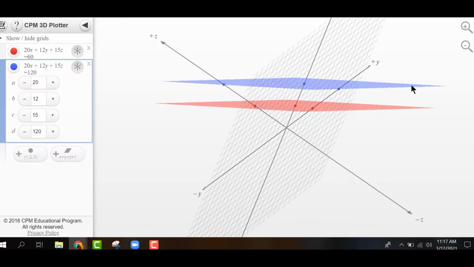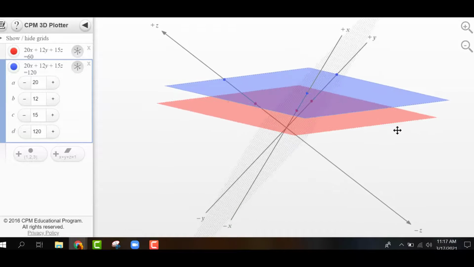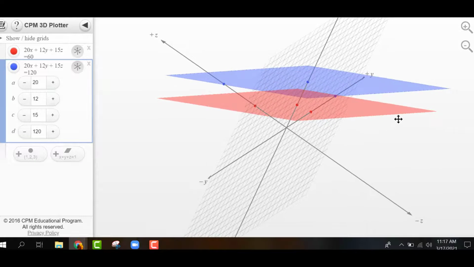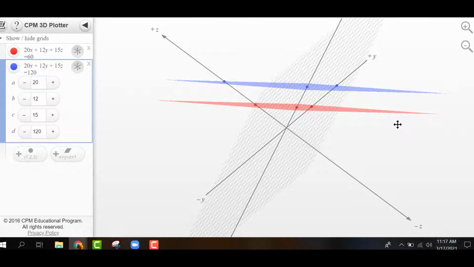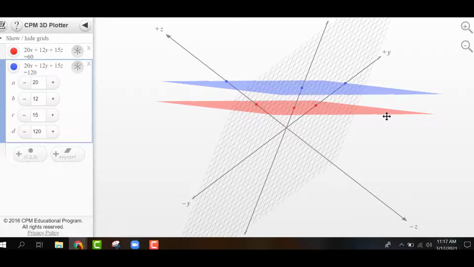You had a couple that said they're parallel. Hey, good job. Yeah, they're parallel, right? So no different than in lines where we can have parallel lines, we can also have parallel planes. We know that these planes go on and on forever, and on these ones they never intersect, right? So they are parallel.